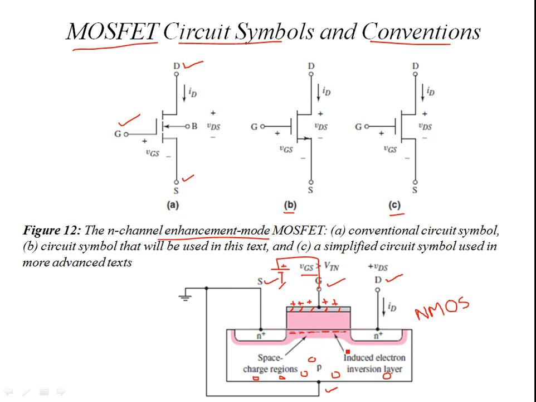And then you have some minority carriers, which are going to form the channel. Because this is the negative side, it's going to attract those positive holes, and then some minority carriers are left behind, and these are basically shifted upwards, and they form the bottom plate of the capacitor. This is your MOS capacitor, this is oxide, okay.